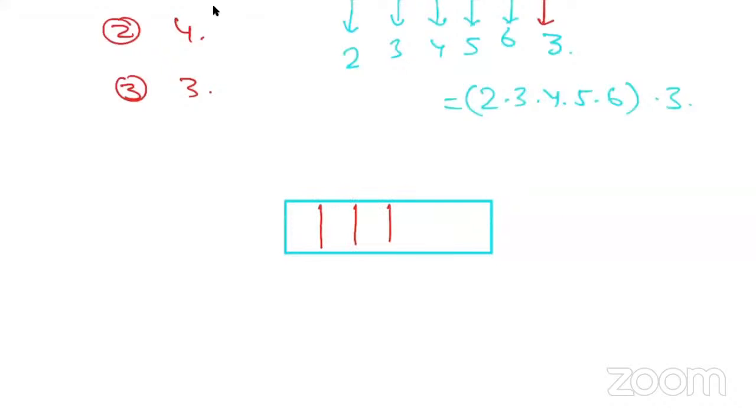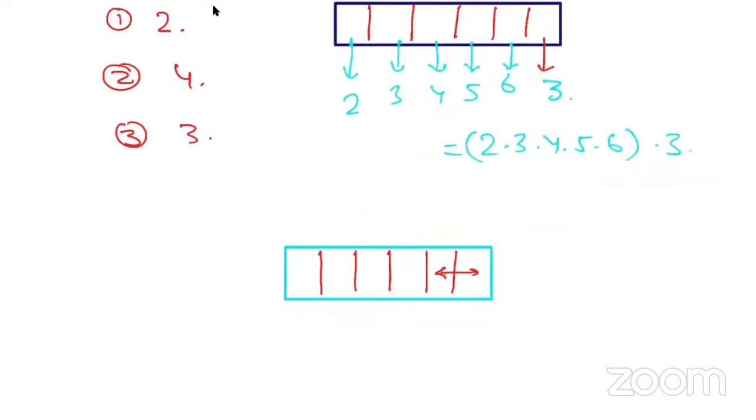Second, we need divisibility by 4. The last 2 digits of the number must be divisible by 4, using the digits 1, 2, 3, 4, 5, 6, and 7.